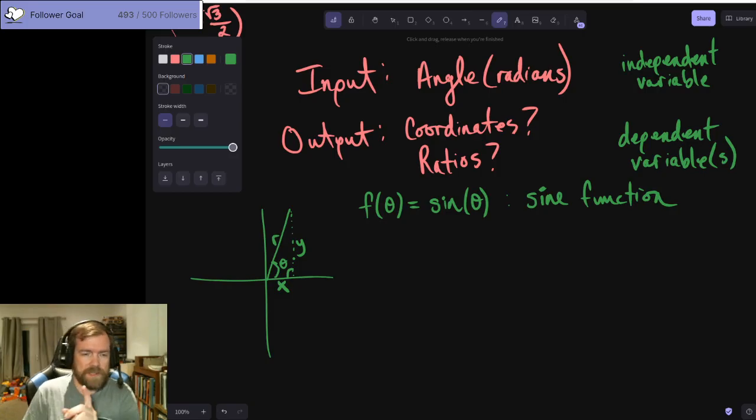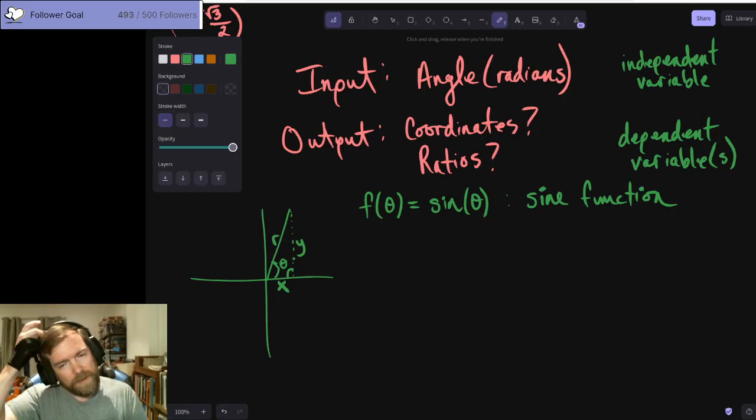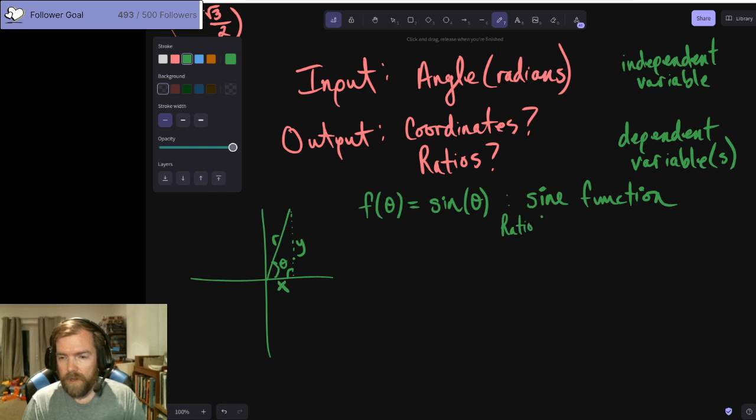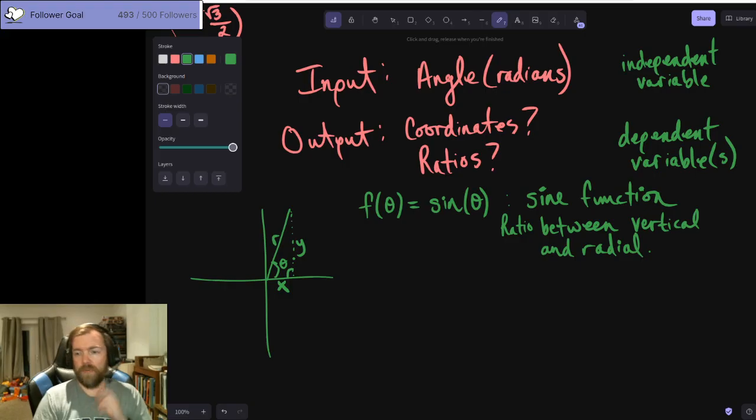Which one am I thinking of? Is it the vertical or is it the horizontal stuff? So what we could do here is we look at the sine function. The sine, or sinus, coming from Latin, is going to be the ratio between vertical, or the side opposite the angle, and radial sides.